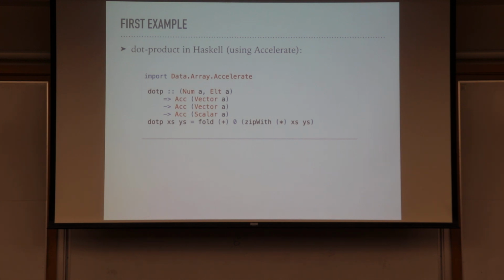So it's also vector, but you have these strange ACK things, and also A doesn't only have to be a number, but also in the Elt type class. Now, any guesses what the ACK could be? Thinking about deep embedding? It's an Accelerate expression.